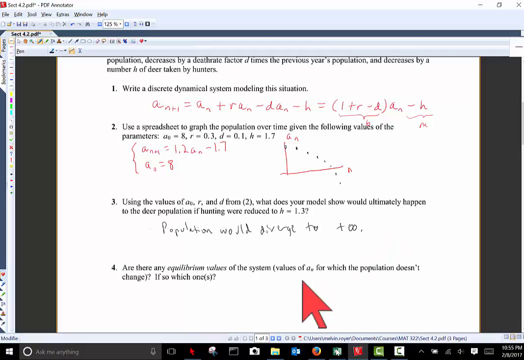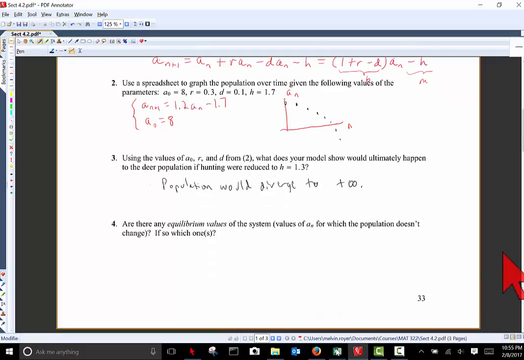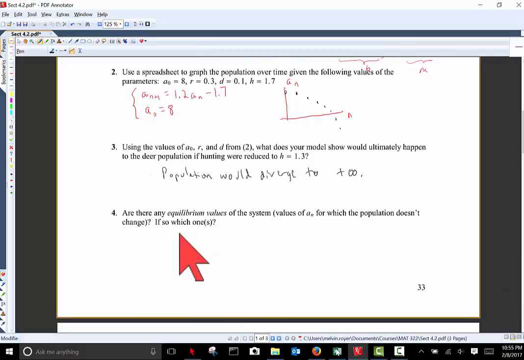So you would like to know if you can stabilize the population so that the population doesn't change year by year, or in other words, so that a sub n plus 1 equals a sub n. This is what we want.